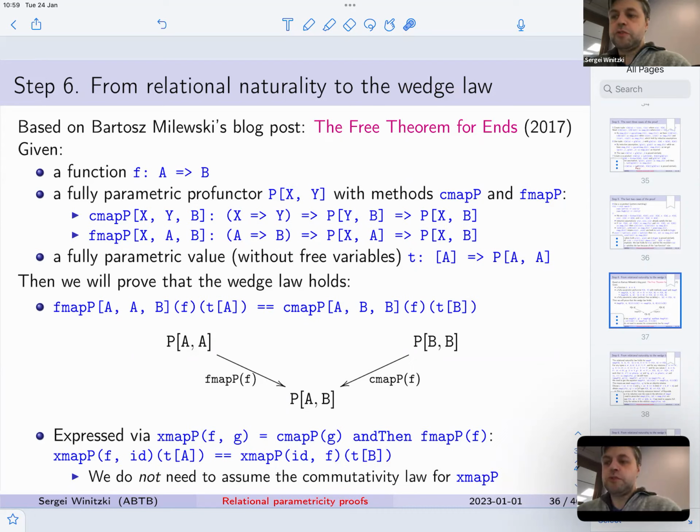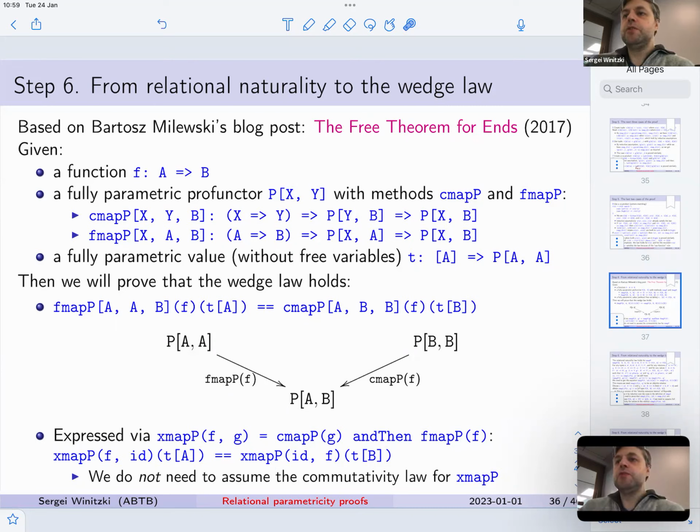Naturality laws are the most often used in practice. So once we derive that, it would mean that we have proved that all fully parametric code of a specific type signature will automatically satisfy the naturality law.